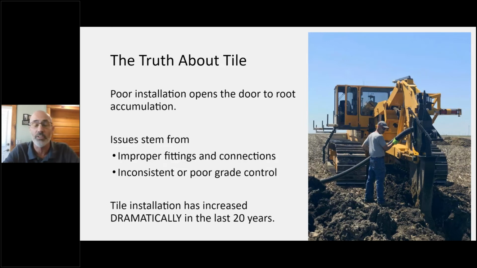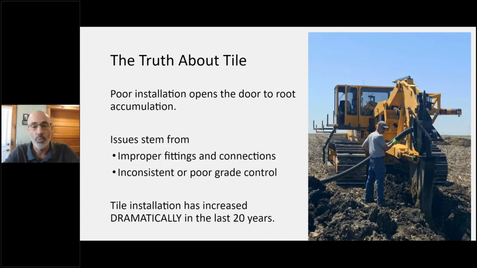Usually what it comes back to is the type of connections that are used where laterals are hooked into mains. At any point in time, with any growing crop, you can find roots in a tile system. The problem becomes when that plant is dead, the root dies, becomes weakened enough, and gets carried away with a flush of water. Are there obstructions that it can get hung up on?